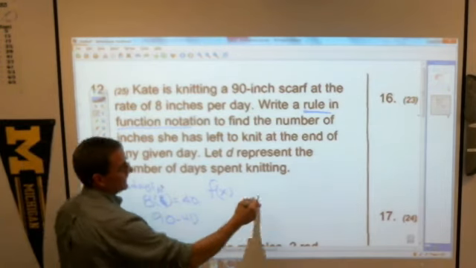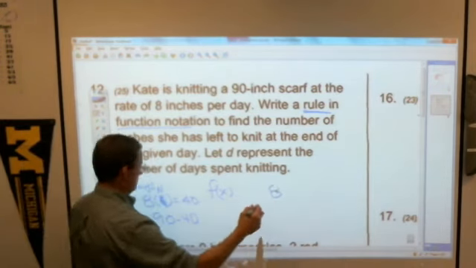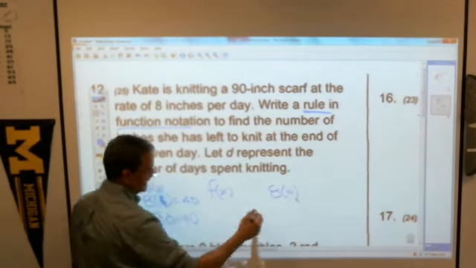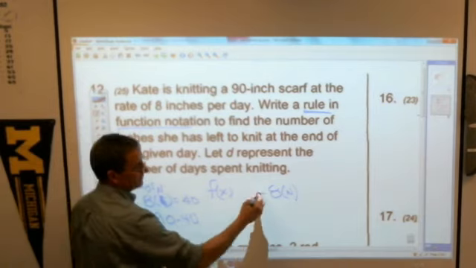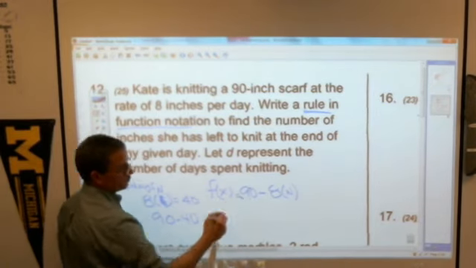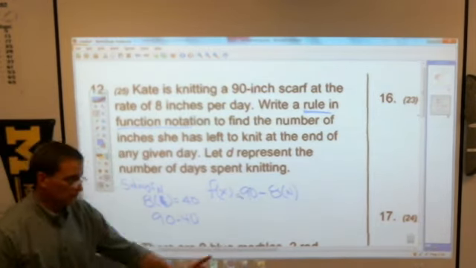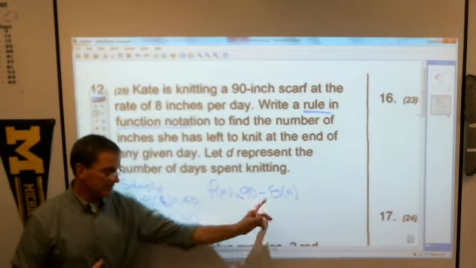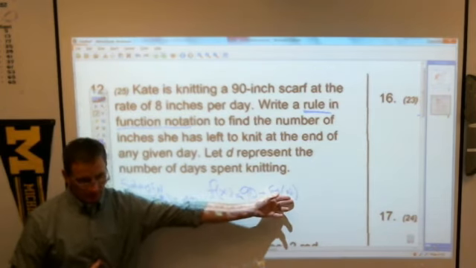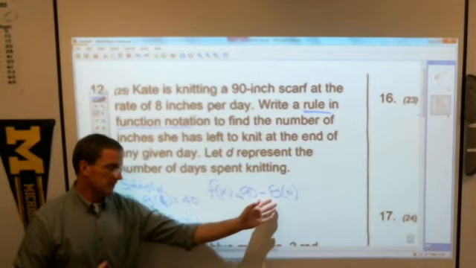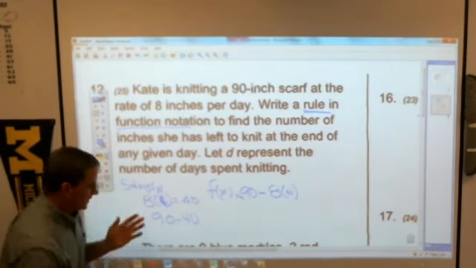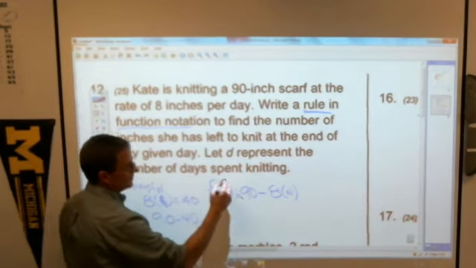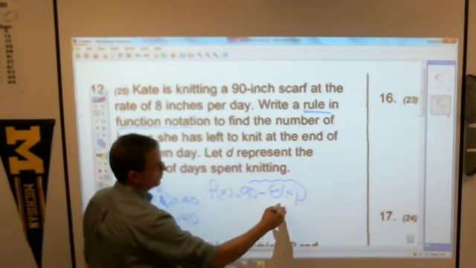I am going to multiply any number times 8, and when I get that answer, I'm going to subtract it from 90. That's what my rule is. If I did just 1 day, I would have got 8 inches, but I take that away from 90, it is 82 inches. 2 days would be 16, 90 minus 16. Put a number in there, see the process you did, and then think about the things that you did, and make that your rule.